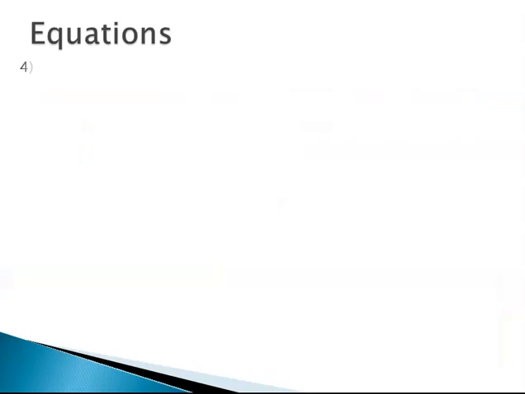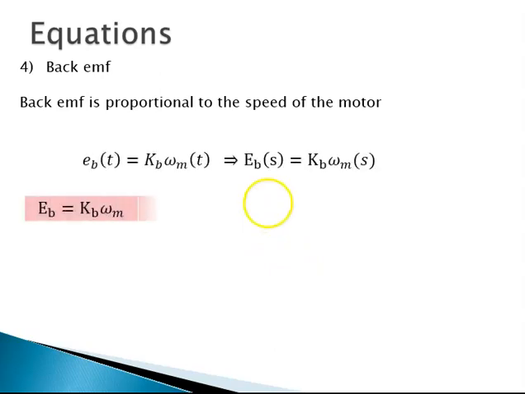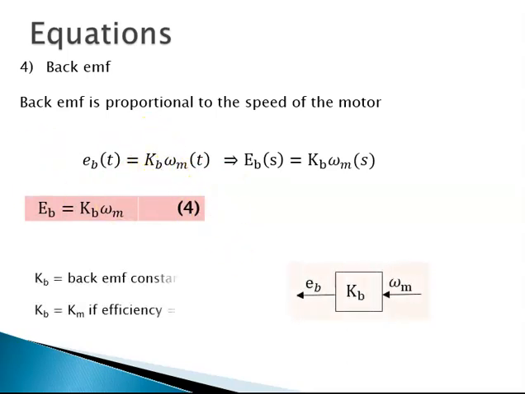The next section that we are going to write, equation 4, is the back EMF, which is again an electromagnetic phenomenon. The back EMF is proportional to the speed of the motor, with a constant of proportionality we call the back EMF constant.